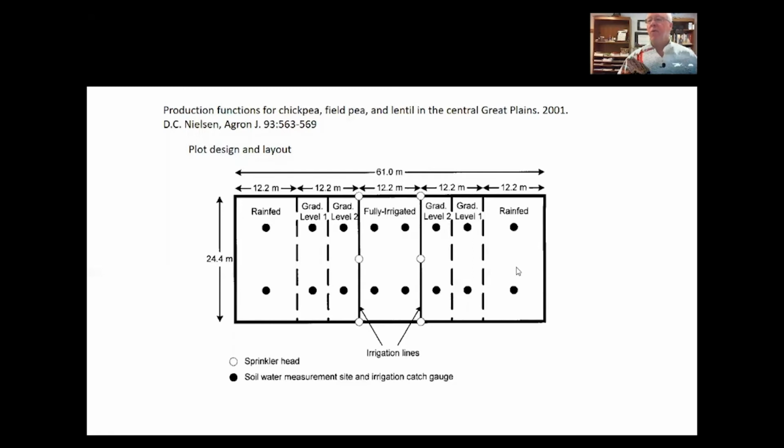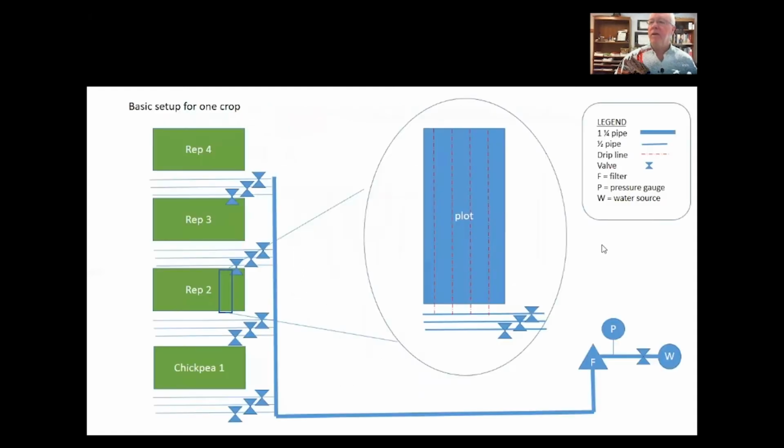So he had 4 rates, and the black dots indicate where he did soil water balance, and also where he measured irrigation catch to quantify how much water he put on. It's a good design. You need a bigger area to do it. One of the problems with it statistically is that you always have the fully irrigated in the center. So if there's any reason, it's just not as randomized as it could be.